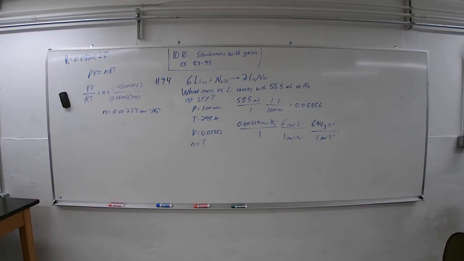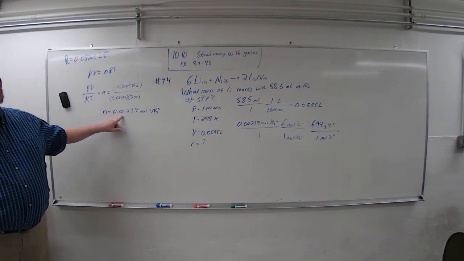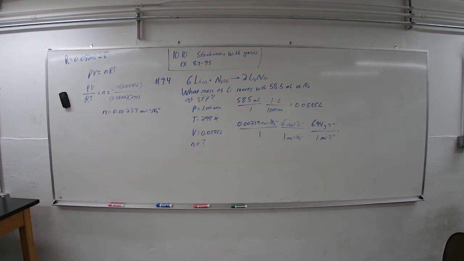No, it's 0.00239. Did you calculate it and get a different answer? I do it wrong sometimes. Did you say I had too many zeros here? Yeah, I don't know. Let's do it one more time because I do it wrong sometimes. 0.0585 divided by 0.08206 divided by 298.